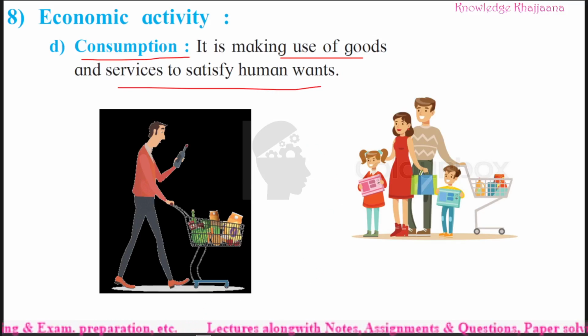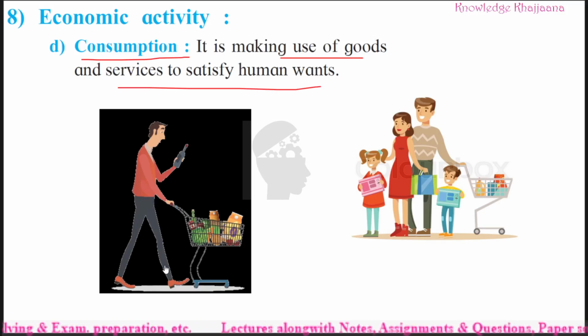Then after that, what should be done? They should consume it, right? The people should utilize the goods. Then only the utility hidden in the goods will satisfy human wants. It is making use of goods and services to satisfy human wants.